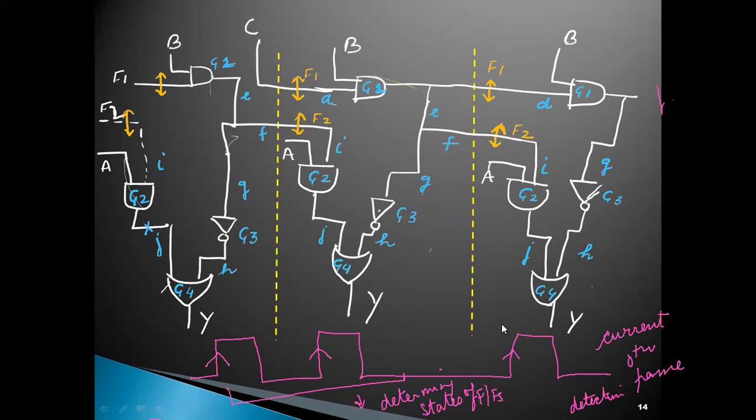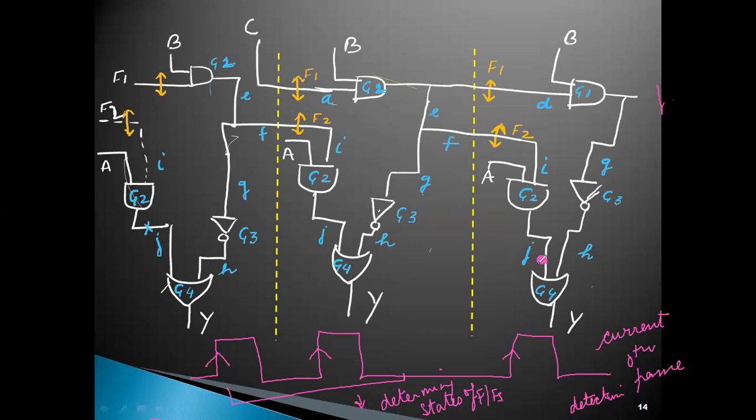So let's say I give my value. Now my fault, at which point is it going? So this is my fault site, at J. This is the fault site, and it is a stuck-at-0 fault.